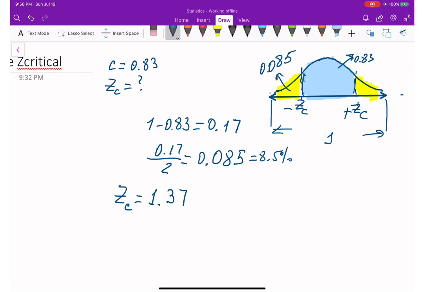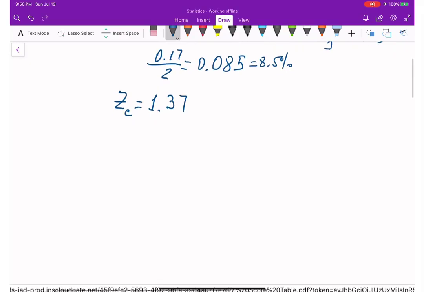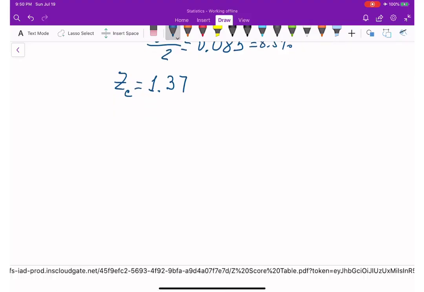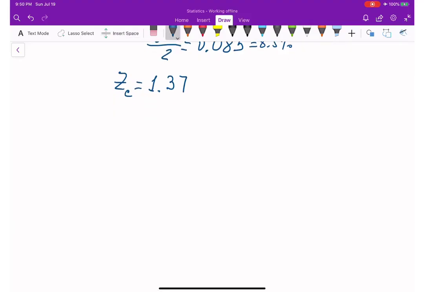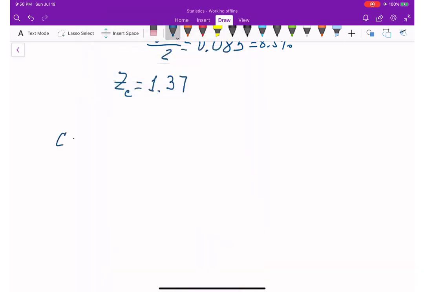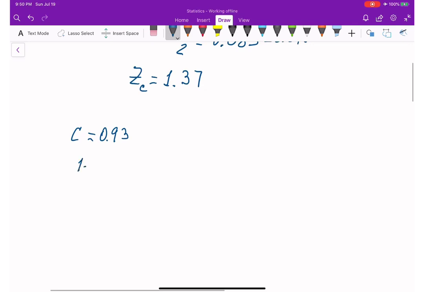the positive value of z-critical, because we are using the positive value. Another example, confidence interval C equal to 0.93. Just like here, we need to subtract to get two tails. 1 minus 0.93 is going to be 0.07.